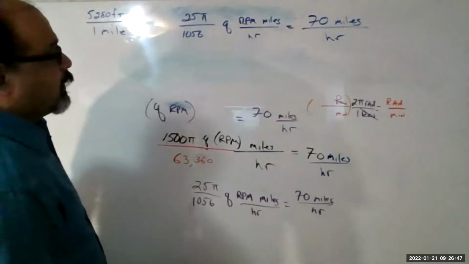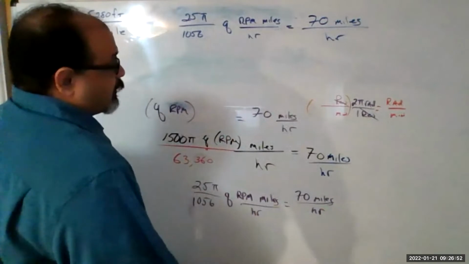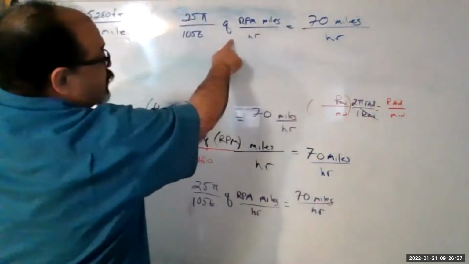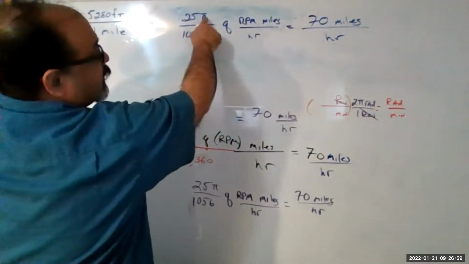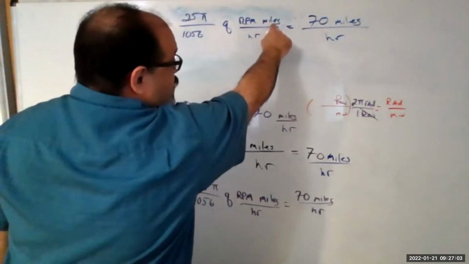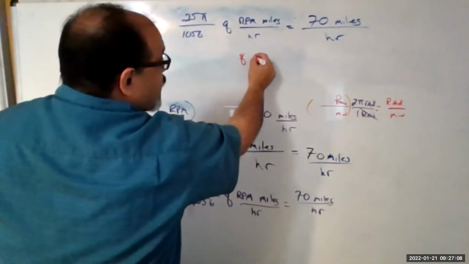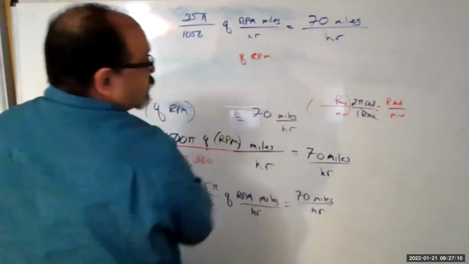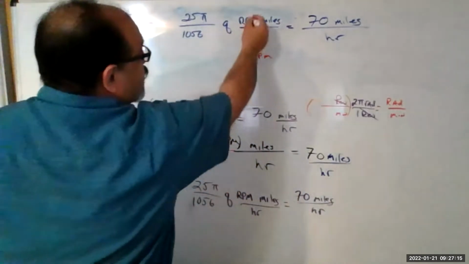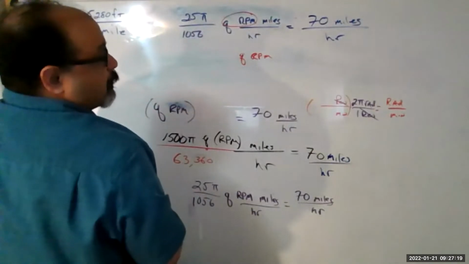So now, solving for Q, you just need to undo what's being done to it. In the numerator, that's all multiplication. So Q is being multiplied by 25 times pi times revolutions per minute and times miles. Now remember, what I want to know is what Q equals, basically in revolutions per minute. So I want to undo everything except the Q and the RPM.